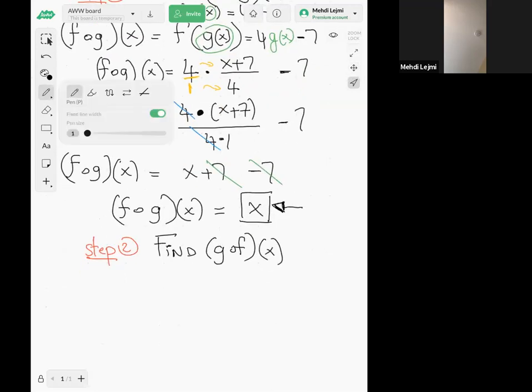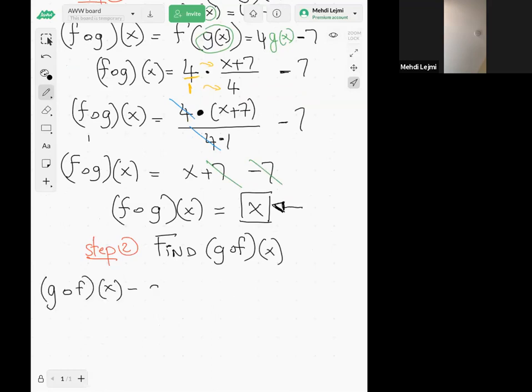So g composed with f of x. Again, this is g of f of x. My g of x is (x + 7)/4, so there's an x in here.